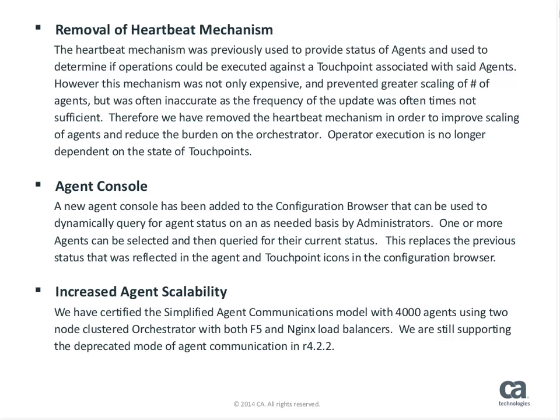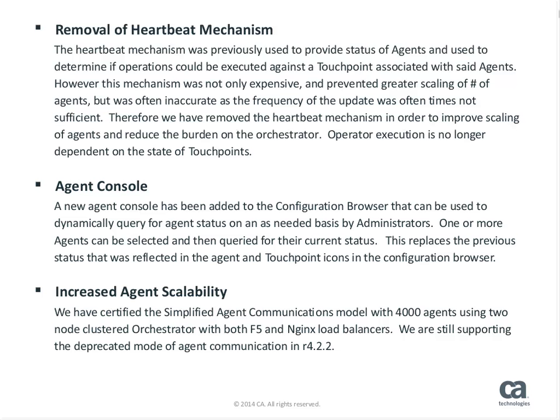After some extensive discussion and analysis, we found that, one, the status often was not correct because it was only a periodic update, and you could decrease the period with which an agent sent its status, so it could be 5 minutes, an hour between updates from a particular heartbeat.